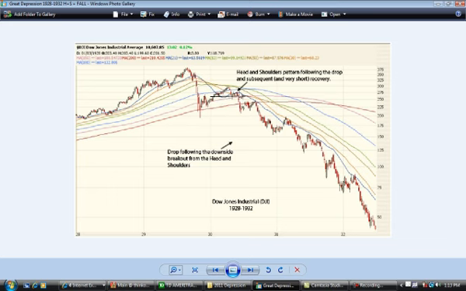Then we broke through the neckline. Like we saw, it confirmed the head and shoulders, and this is the signal to get out right here. But for those who didn't get out, the market went from about 260 all the way down in the Great Depression to a low of about 46. So this was the head and shoulders, and this is what happened. This is the Great Depression right here.